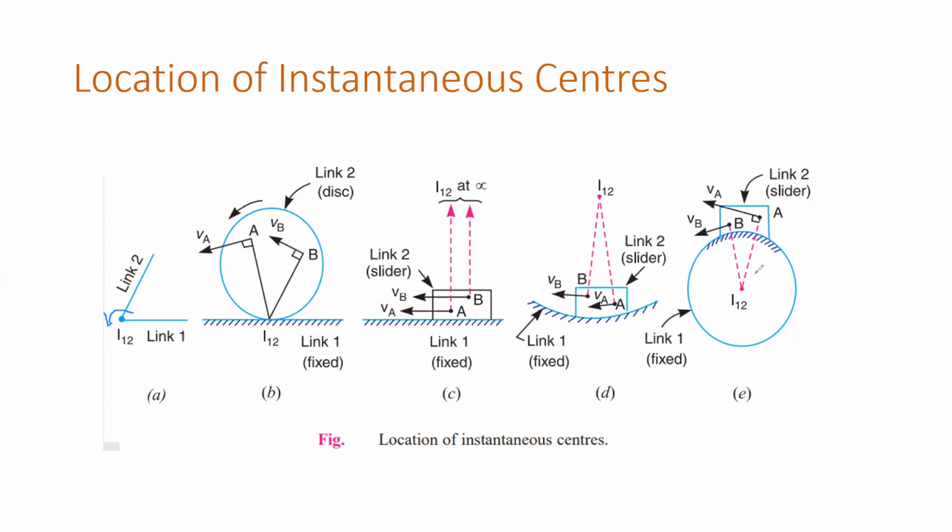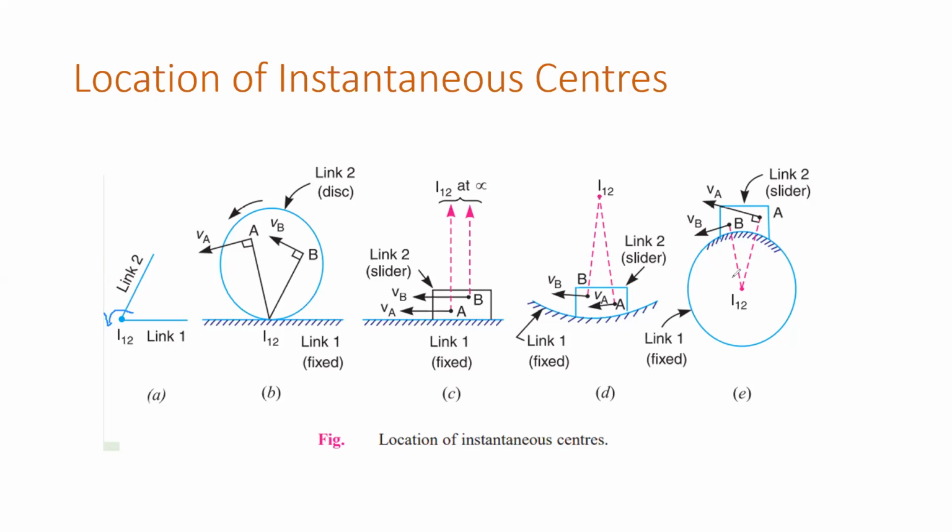Similarly, you see this E. Now here this block is sliding on the convex surface of the circular path. So no doubt this block is rotating. You see, this block is rotating about this center, which is the center of this circle. Okay. So this is very important to understand what ICR is.